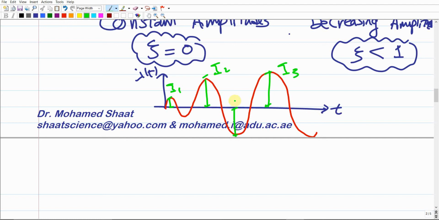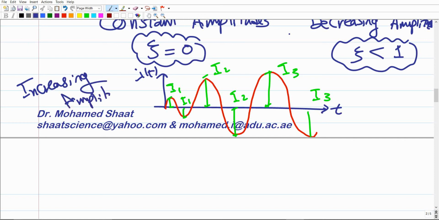In the same wave, you should understand that these have the same amplitude, which is I1 for the first wave, I2 for the second, and I3 is going to increase and so on. So here we do have increasing amplitudes. So this indicates that this Xi should be bigger than 1.